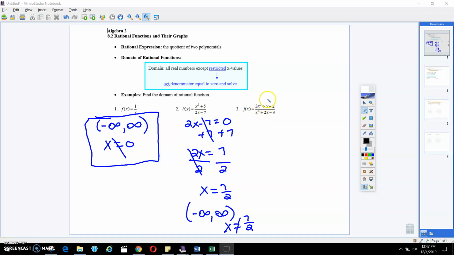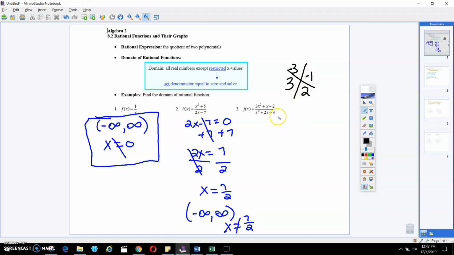All right, so what we're going to do is factor the top and factor the bottom. However, in this one, it's just asking for the domain in the bottom. So we're going to factor the bottom really quickly, which is going to be a times c, which is -3, and b, which is 2. What two numbers will make that happen? 3 and -1. Yep.